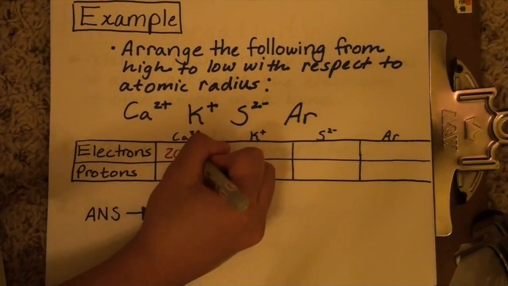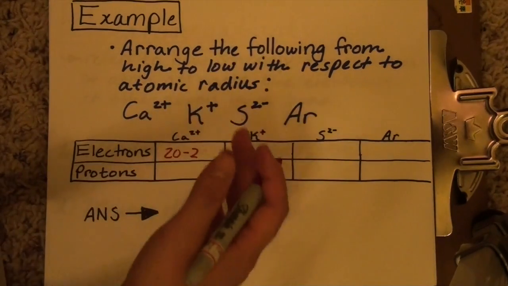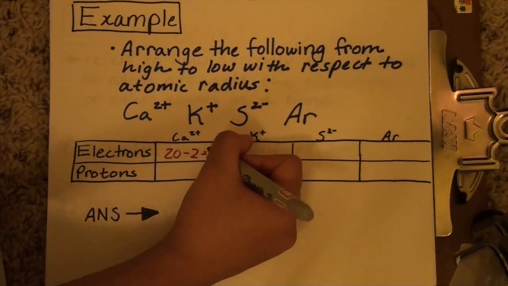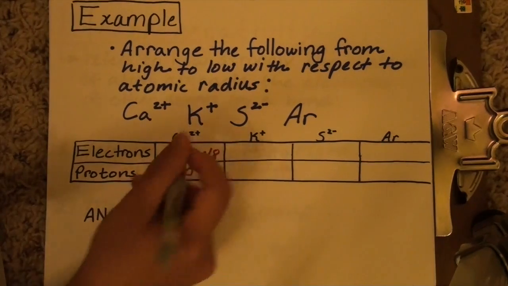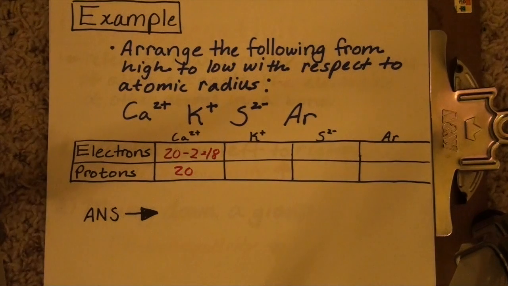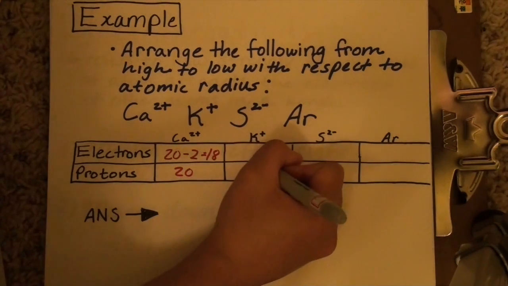So we need to subtract, because if it's positive, that means there are more protons left than electrons. If you think about it that way, you subtract. That's how you get 18. And protons is just the same number as the atomic number. Potassium, if we look on the periodic table, has 19 as the atomic number.